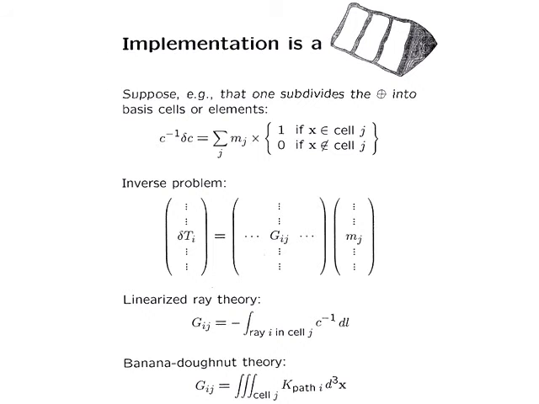Then in ray theory, the ijth element of this matrix is basically the length of the ith ray in the jth cell. And in this banana-donut theory, the ijth element is just the integral over the jth cell of this 3D kernel for the ith ray.